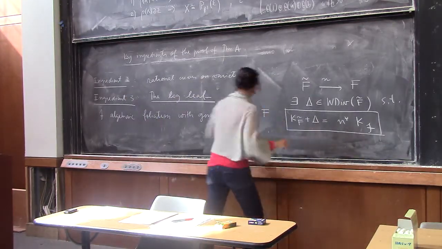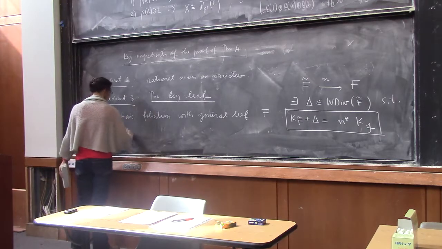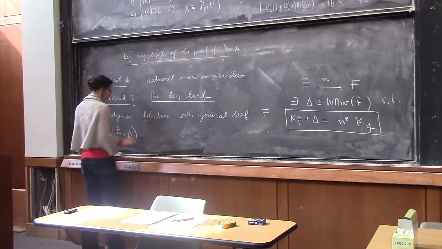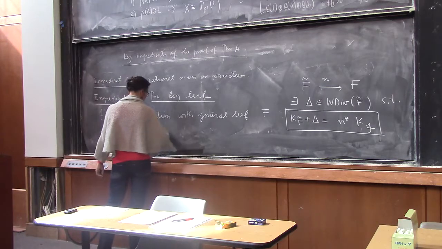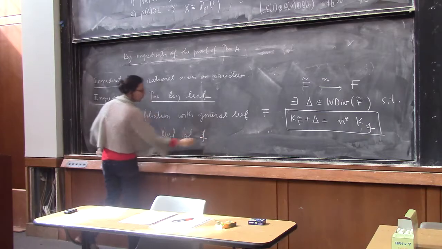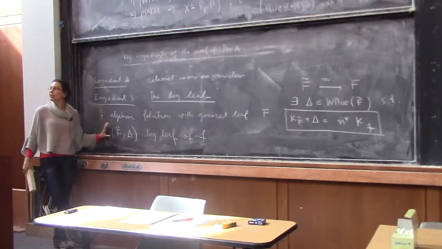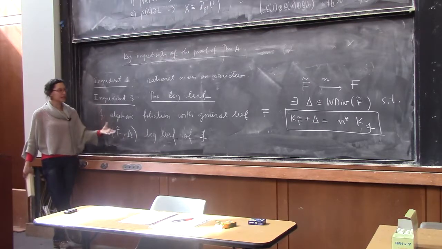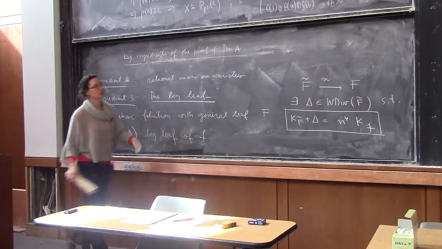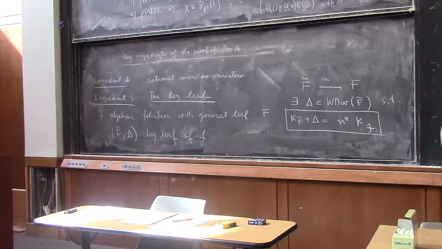This pair is what we call a general log leaf of F. And we use the log leaf to define notions of singularities for foliations. So we say, for instance, that a foliation is log canonical along the general leaf if the general log leaf is log canonical.